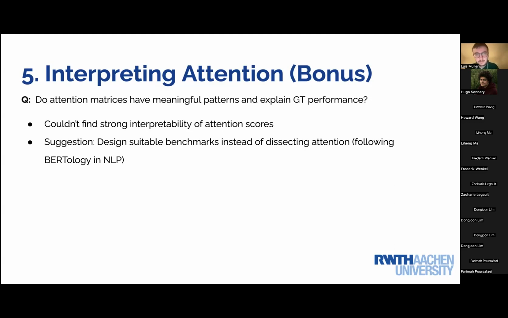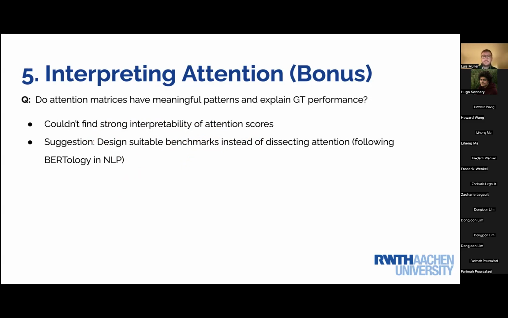And looking into other fields that tried this before, such as in the language domain, they faced similar issues, and they opted for instead designing benchmarks that were able to dissect attention instead of actually looking at the attention and interpreting it directly.